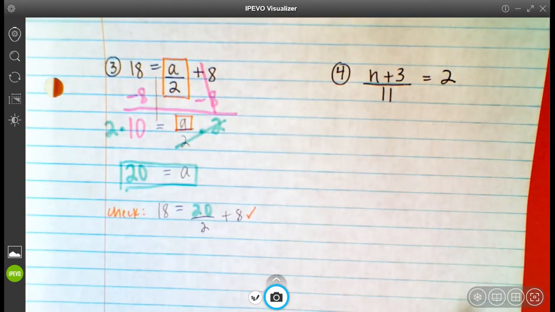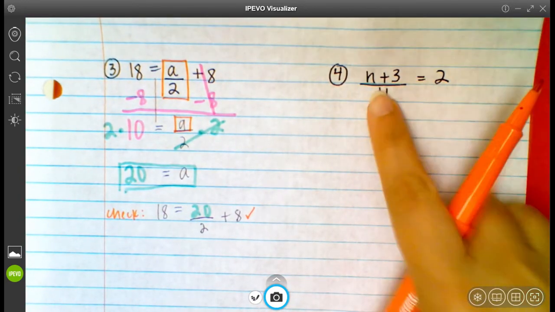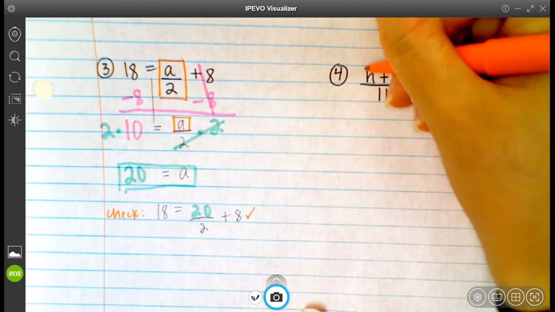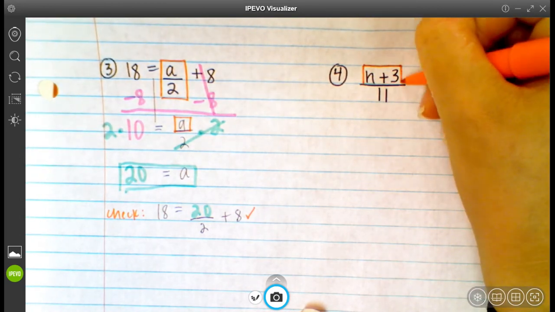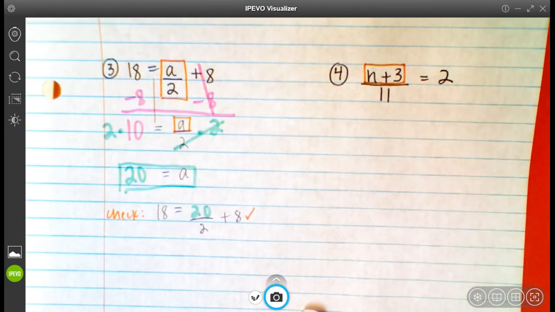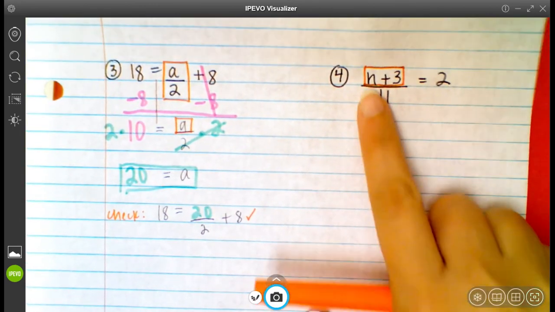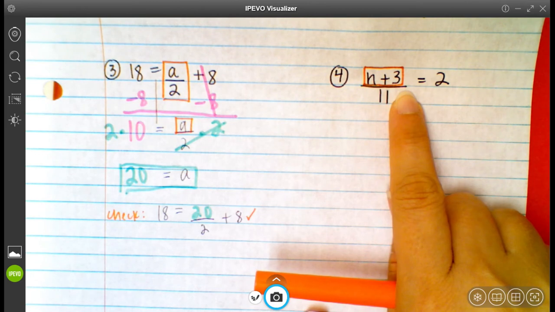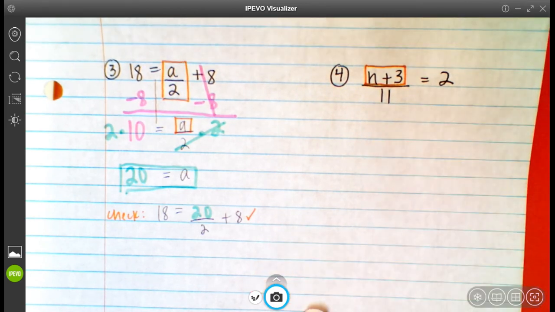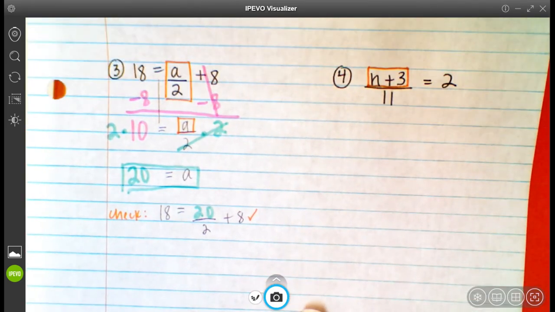Okie dokie, so let's try number 4. We're looking at the variable, and up here in the top of this fraction, n is being added with 3. But that's not what I want to focus on just yet. I want to focus on getting rid of, or undoing, the division by 11. So how do I undo divide?